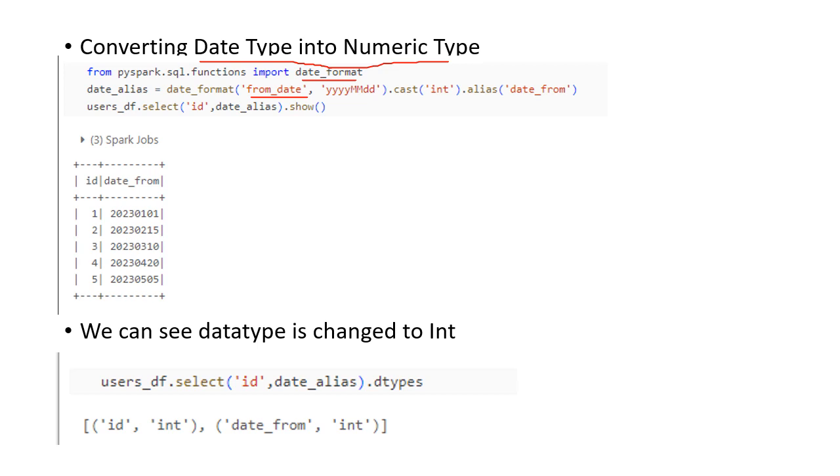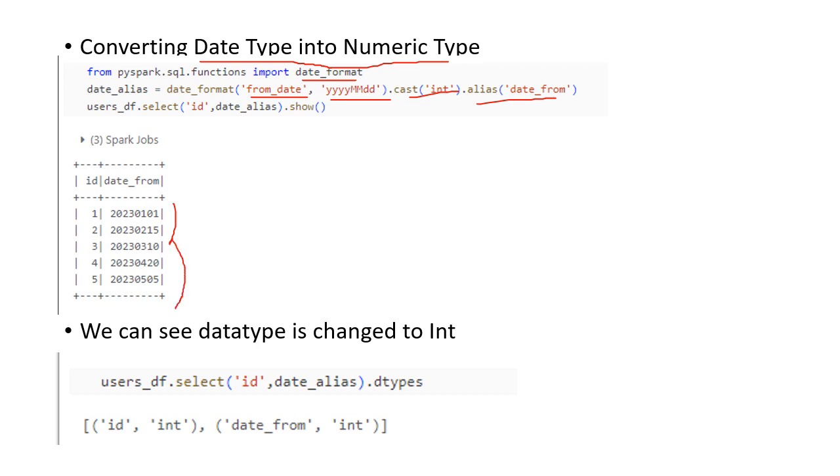For that, from pyspark.sql.functions, we are importing date_format. date_format accepts two values. One is the input value, which is nothing but from_date, and the format needed is yyyyMMdd, so no hyphen is needed here. Once we get the required format, we can cast that as an integer, and then we can do an alias with whatever column name we need.